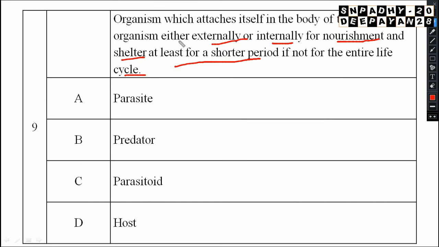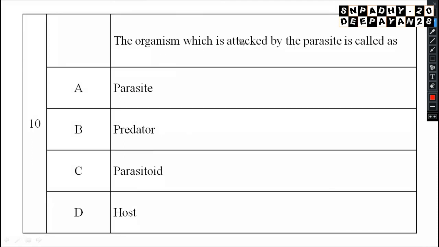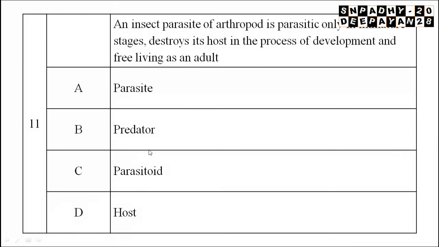These two are not the answer, you can easily identify. Then parasite or host, definitely that will be your parasite. The organism which is attacked by the parasite is known as what? The options are parasite, predator, parasite or host, and the answer is host. Very easy questions, you should not make mistakes.